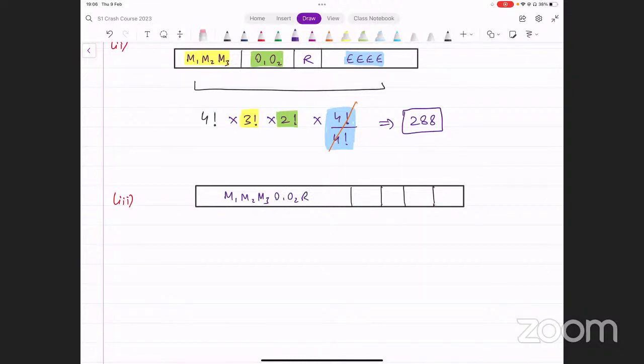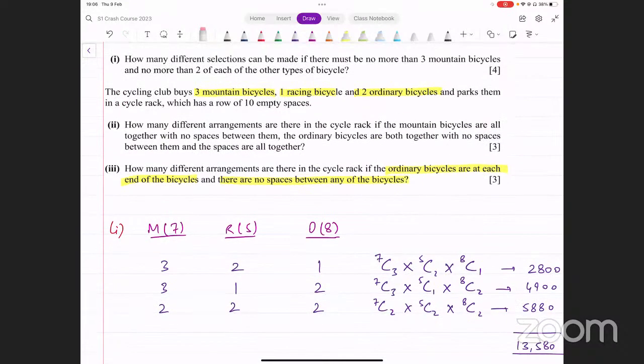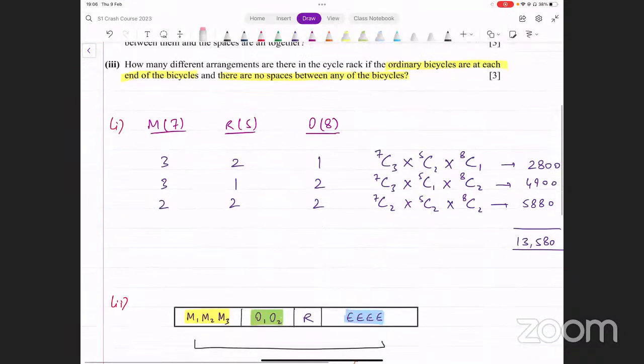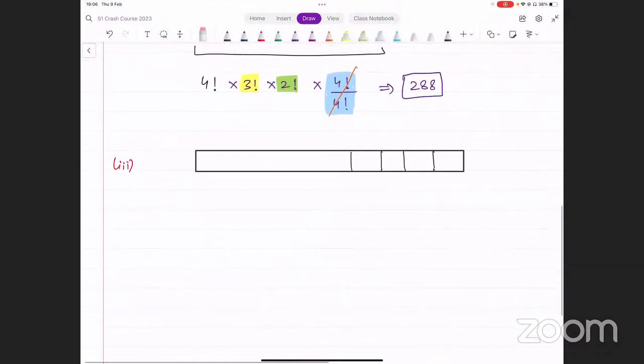However, remember there's also a condition for this. The condition is that the ordinary bicycles are at each end of the bicycles. So that's a condition we've got to account for within this big box. And what's that condition?